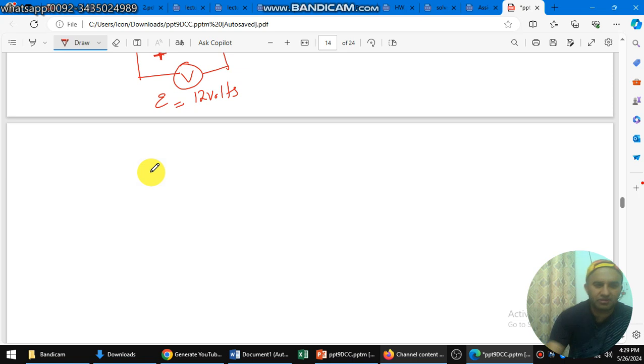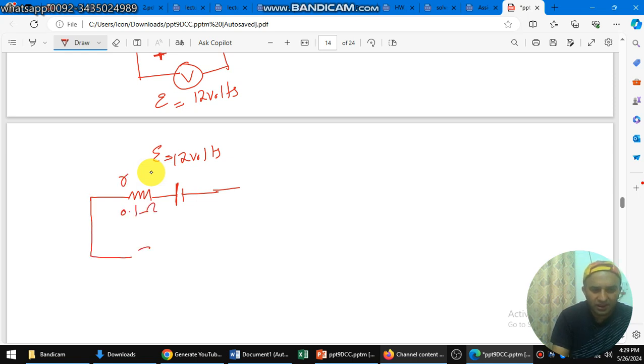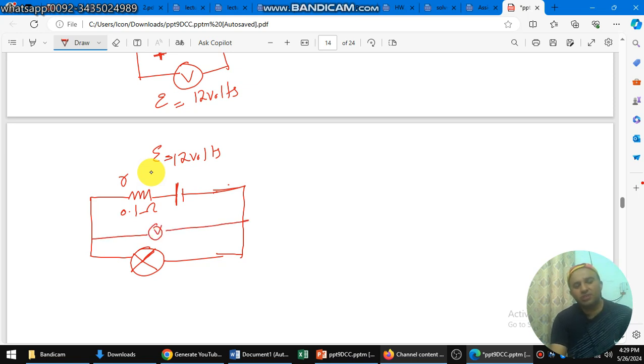Let me redraw this diagram again. For example, this is the internal resistance, this is the cell. The cell's actual potential is 12 volt, that is known as the EMF. This is the internal resistance, which is 0.1 ohm. And externally, we connect a bulb, and we want to know the potential across this bulb.